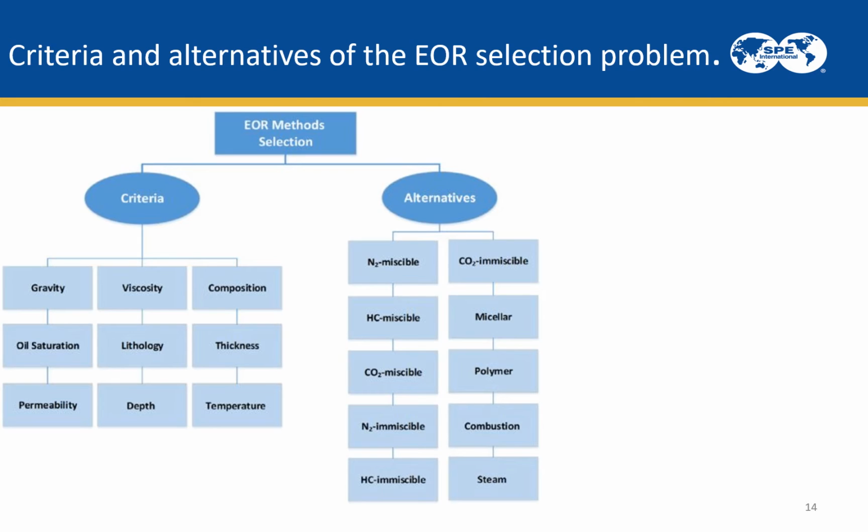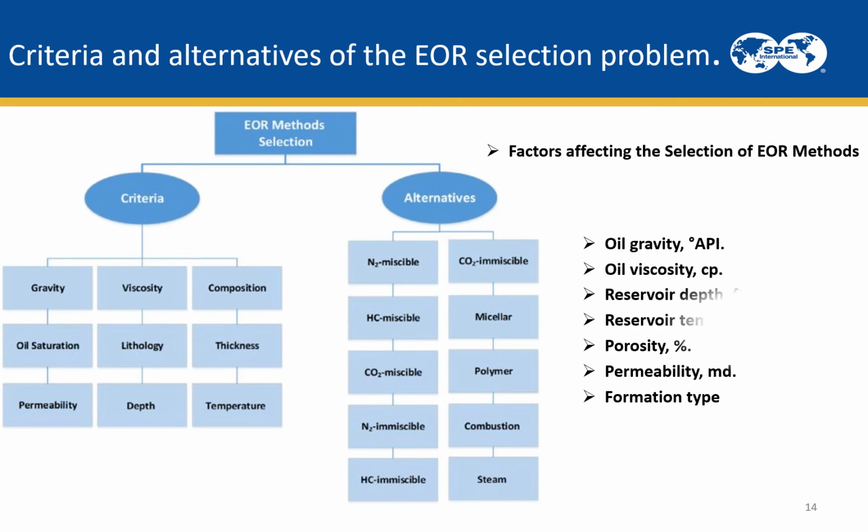Based on these criteria, you can select the best method for your field, like nitrogen miscible, polymer, chemical, thermal, and so on. As a summary, the factors affecting the selection of any EOR method are the oil gravity, like API, oil viscosity, reservoir depth, reservoir temperature, porosity, permeability, and formation type.